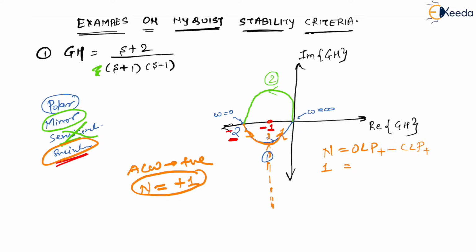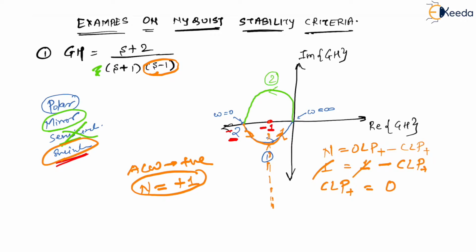How much is OLP plus? OLP plus is the open loop poles at RH. There is one open loop pole at RH, which is this one, so here we have 1. Then you are going to have this minus sign, and CLP plus, the closed loop poles at RH. How much is CLP plus? It is going to be 0, because this 1 and 1 will get cancelled.